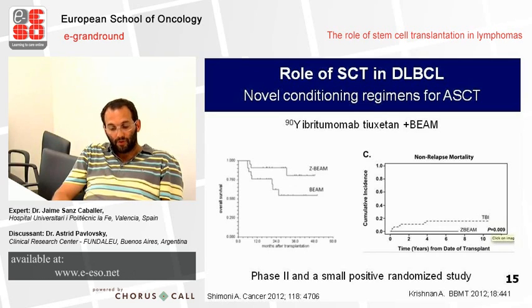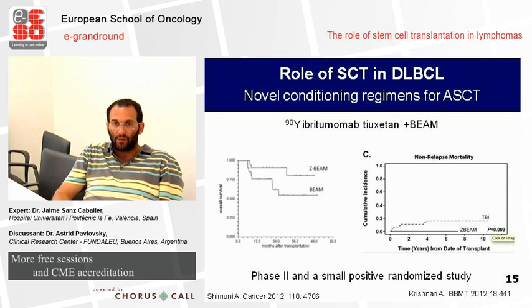In another report from the City of Hope, Zevalin was administered along with BEAM and compared with TBI etoposide cyclophosphamide regimen used at the institution as a historical comparison. The Zevalin BEAM regimen had substantially less toxicity and superior overall outcomes compared with TBI regimen.